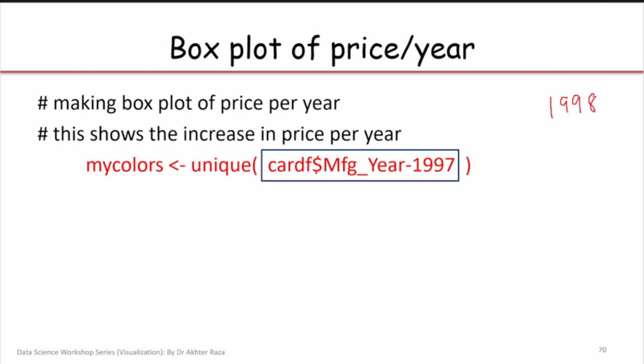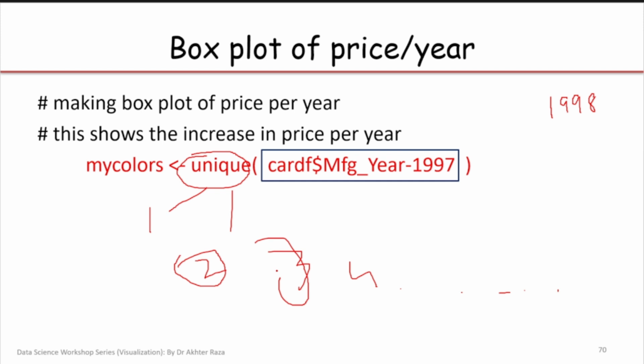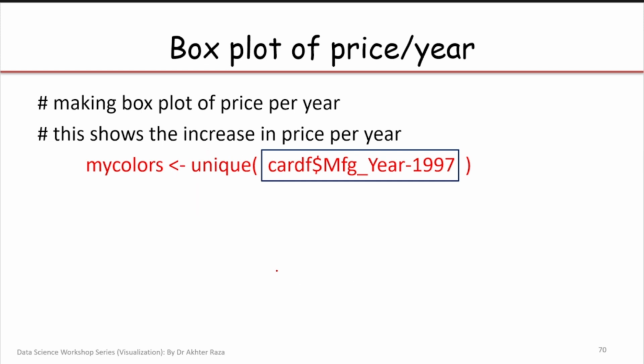So if I subtract, 1998 minus 1997, the value will be 1. The unique numbers will be generated. What will those unique numbers be? Either 1 or 2 or 3 or 4 and so on. If the car was manufactured in 1999, the value will be 2. If the car was manufactured in 2000, the value will be 3 and so on. So why am I generating these unique numbers?